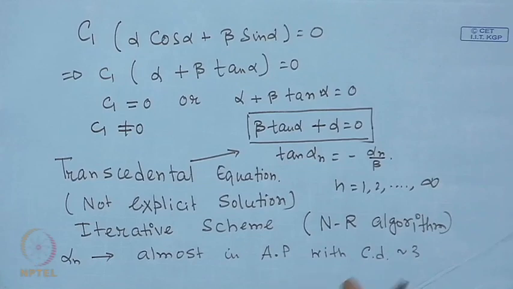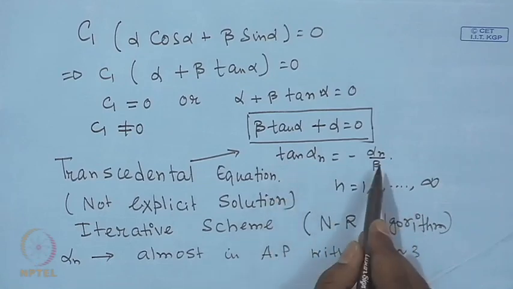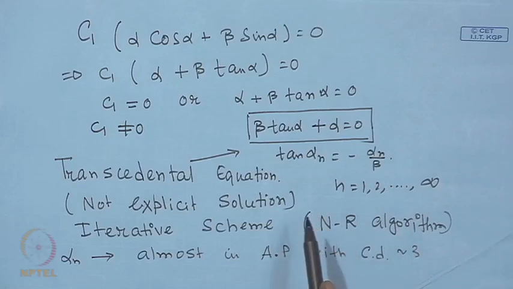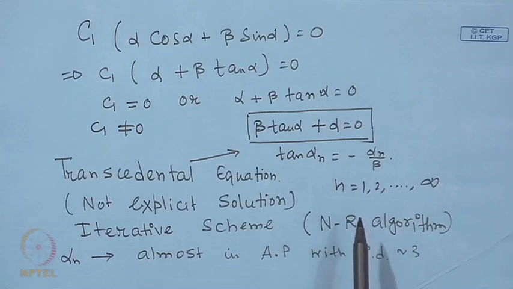The trick is that, depending on the value of beta, we put in the value of beta, and then give a guess value of alpha. Beta is nothing but a system parameter. Knowing the value of beta, we give a guess value of alpha, and the first root will converge. For the next root, you give a guess which is nothing but the earlier solution plus 3.